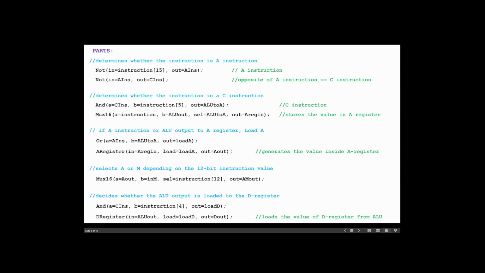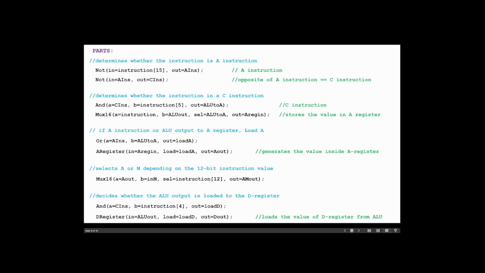On the other hand, the A register is used to store the value that is fed into the A register. It takes in the output from the multiplexer and the load A output from the OR gate as its inputs. The output A out then generates the value that is currently stored inside the register.